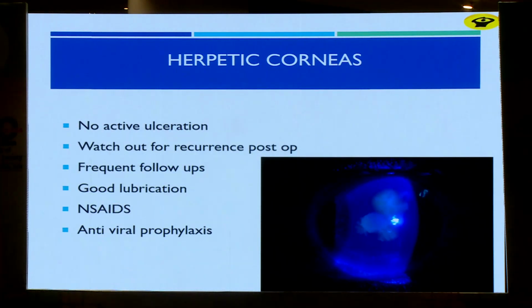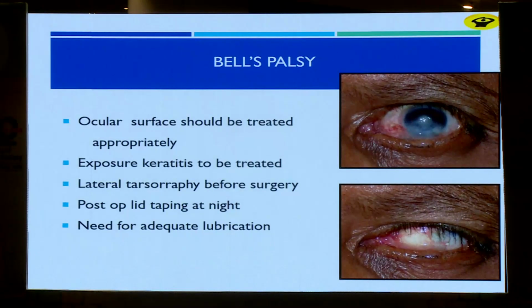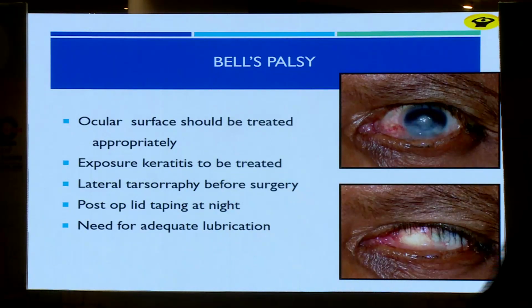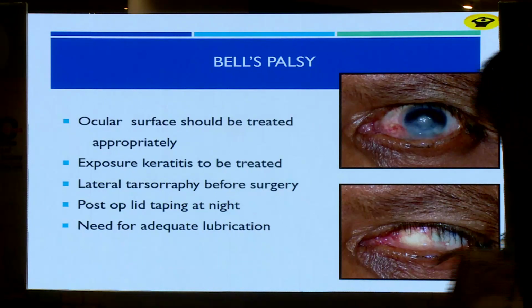Herpetic corneas: it's not only the scarring which happens after post-herpetic conditions, it's also the loss of the corneal nerves and sensation, which could cause recurrent epithelial erosions and constant irritation to the patient. Before the cataract surgery, I do start them on acyclovir 400 milligrams 3 times a day for about a week or 10 days.